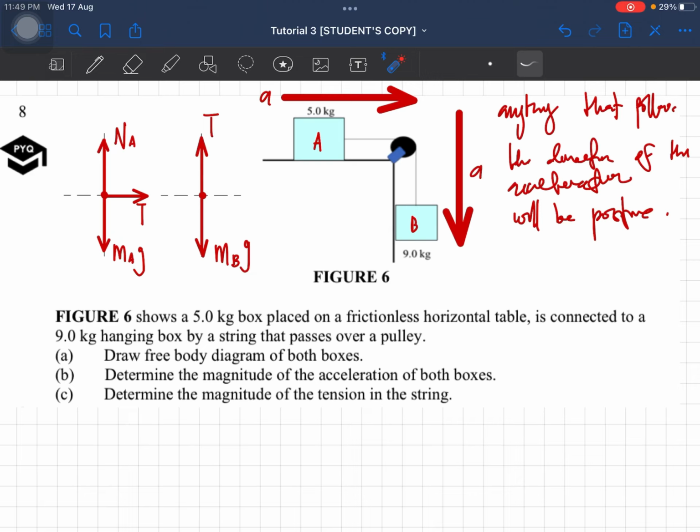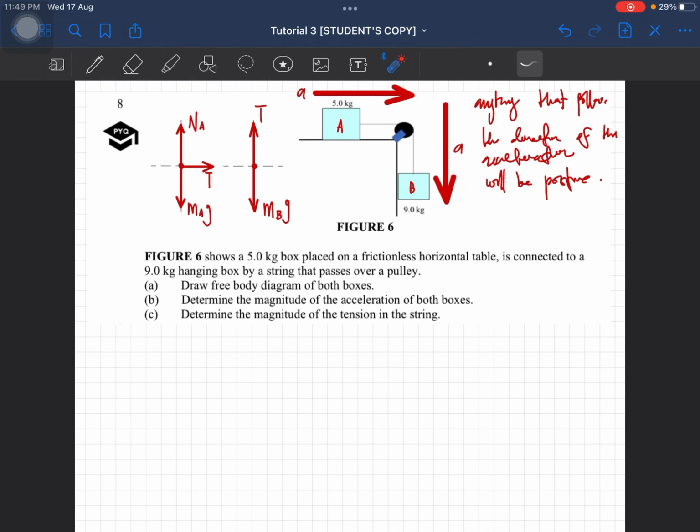Okay, alright, now we can do it. So assuming the acceleration for both of these is like this.